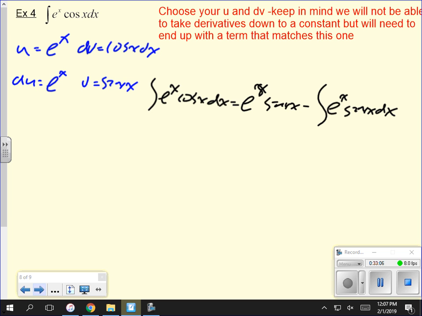Do a uv substitution on the last integral. So you will still have the integral of e to the x cosine x dx, which is what we started, equal to e to the x sine x minus some uv substitution. What's the table one called? Tabular integration.